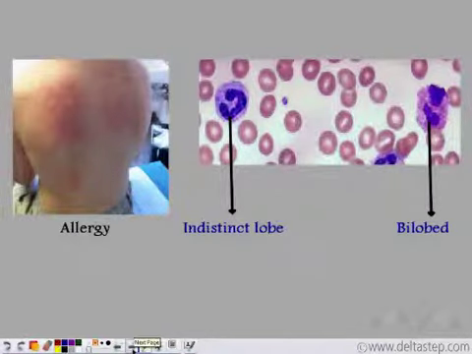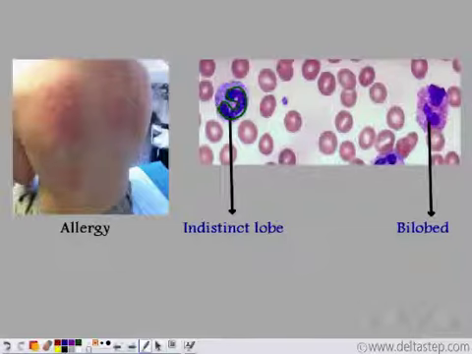Now, during allergic reactions of our body, white blood cells provide protection. But there are two different kinds of white blood cells that provide protection to us. Look at this white blood cell. It has an indistinctly lobed nucleus.